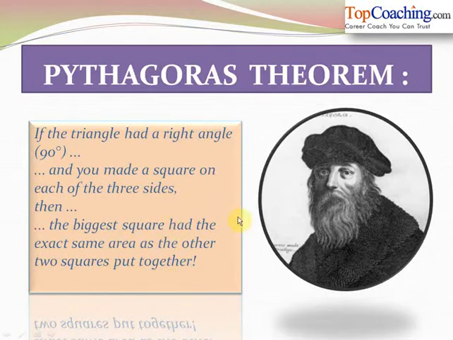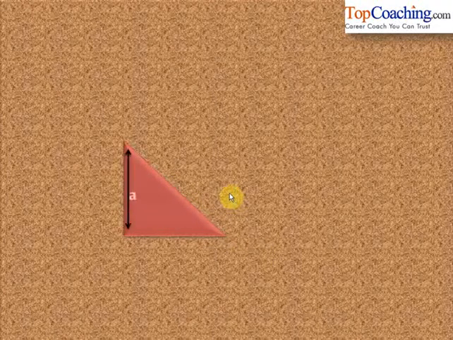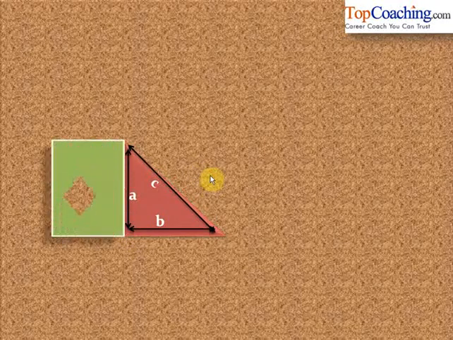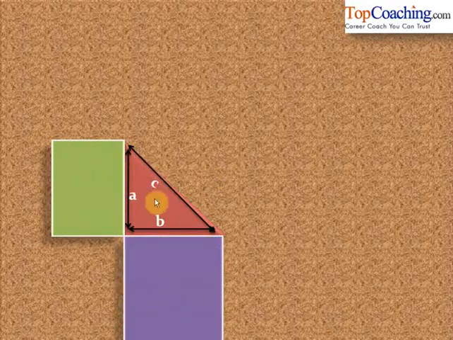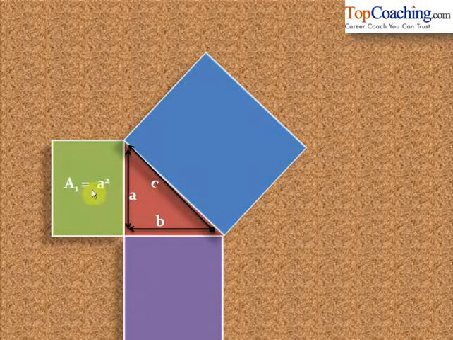Now what does it exactly mean? Let's try to understand this. Say this is any right angle triangle with sides A, B and C. C is the longest side of this triangle, and it is right angled at this point. Now I draw a square on the side A, similarly a square on the side B, and a square on the side C. The area of this square would be A1, and that would be equal to A square.